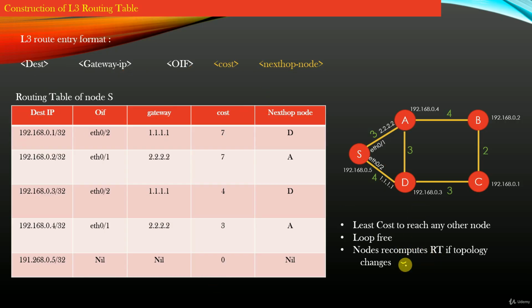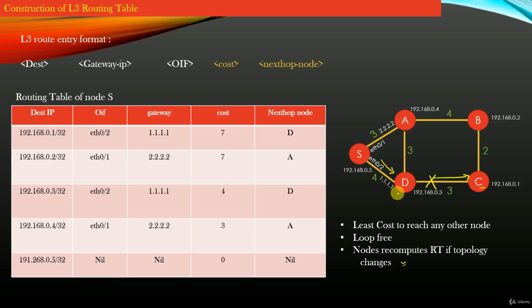So to understand this point, let us suppose that router S forwards the traffic to the router C via this path, right? And this is the shortest path to reach C from S, right? Now suppose there occurs a network failure such that this link goes down, right?